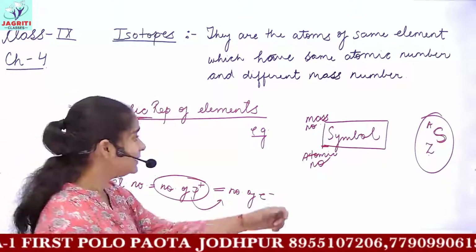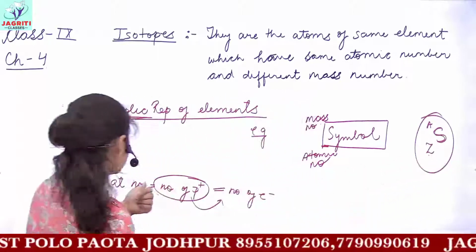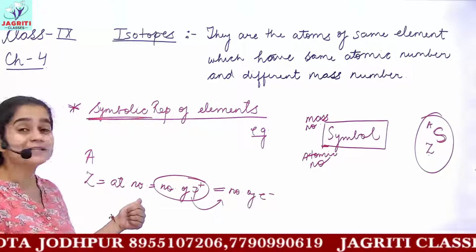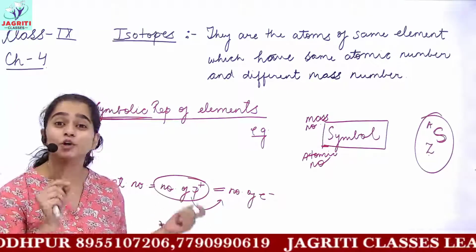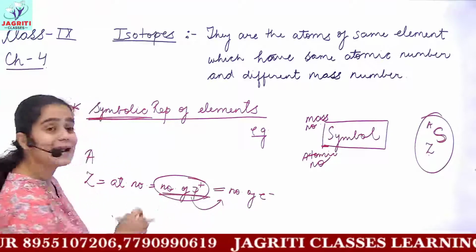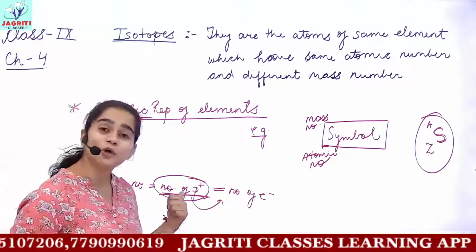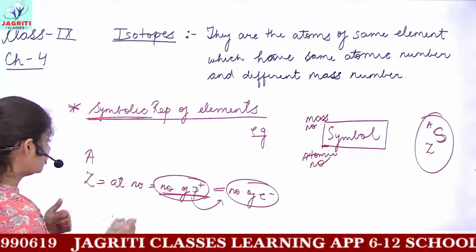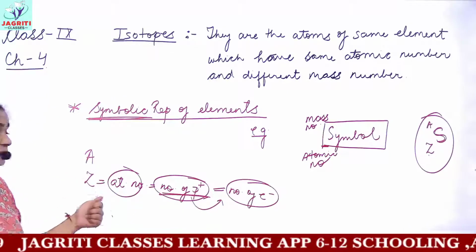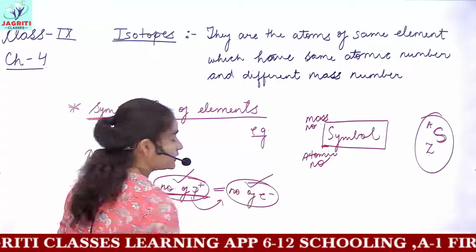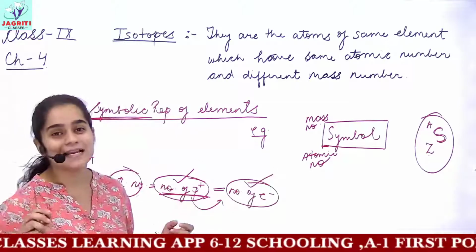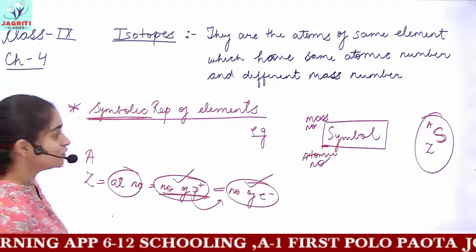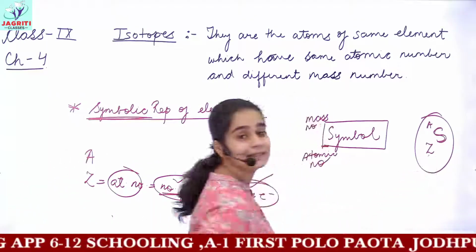Atomic number signifies the total number of protons present in a particular atom. So if you know the atomic number of any atom, you can know how many electrons and how many protons are present in your atom. This is what we represent by the term Z.